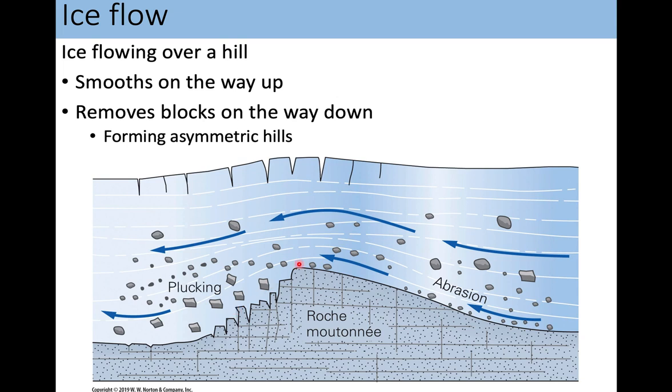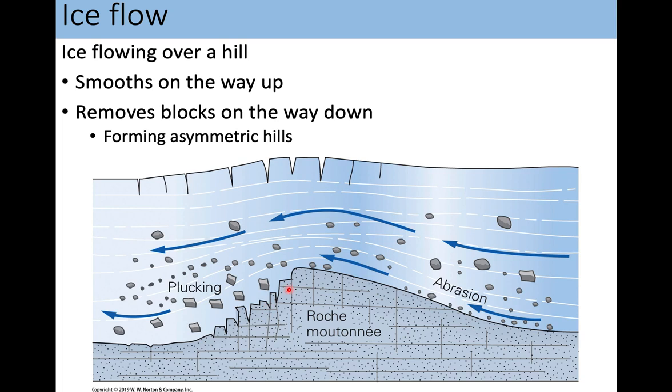It sort of plucks up a lot of the bedrock here as it falls down on the other side of this mountain. So the glacier is going to smooth out one side of this hill that it goes over, and then it's going to pluck on the downstream side. So as the glacier goes down this hill, it's going to pluck apart and make a very steep slope here on this side.